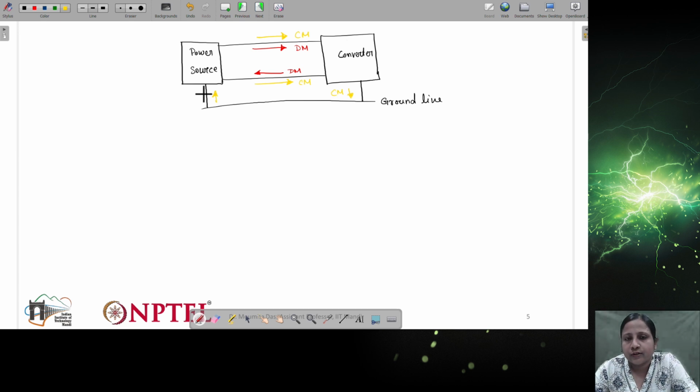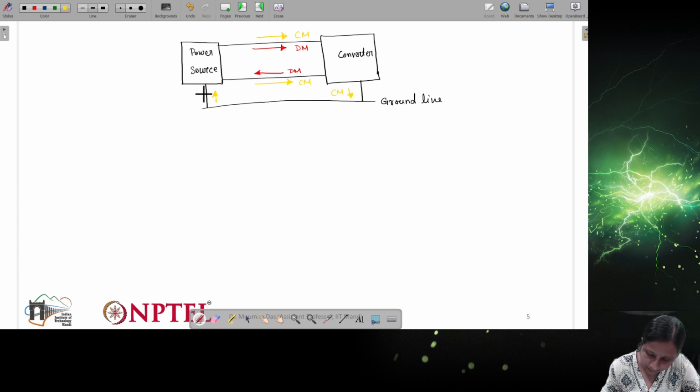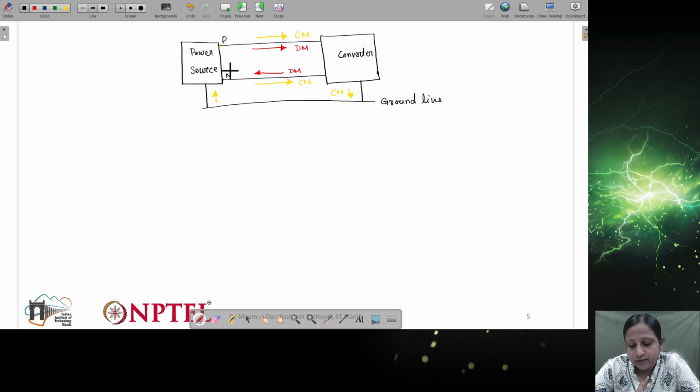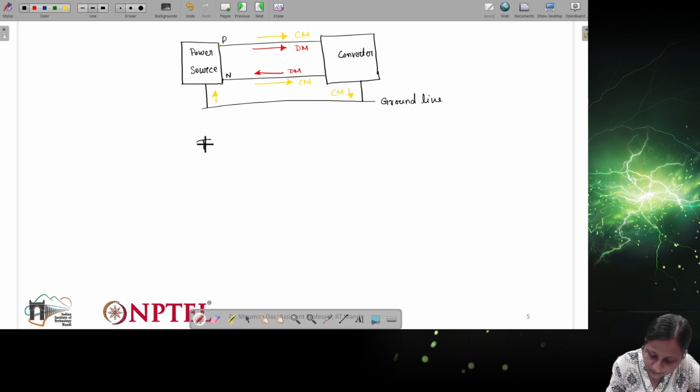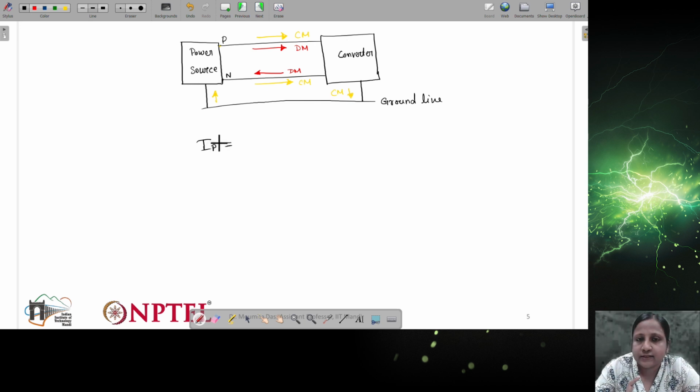So if I consider the current from this power source, there are 2 points, positive and negative. If I consider this is the positive point and this is the negative point, and the current from the positive point is ip, and the current from the negative point is in. So the net current in each line: ip is basically the summation of the common mode and the differential mode current, because they are in the same direction.